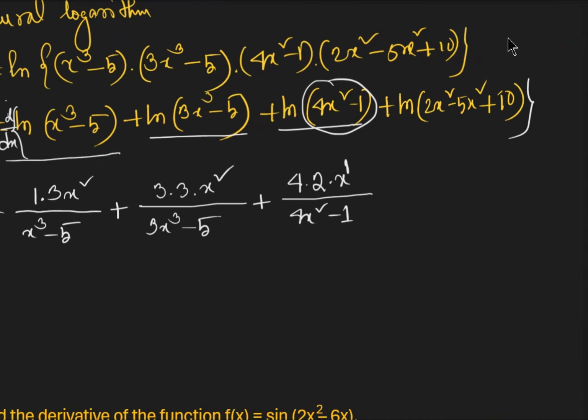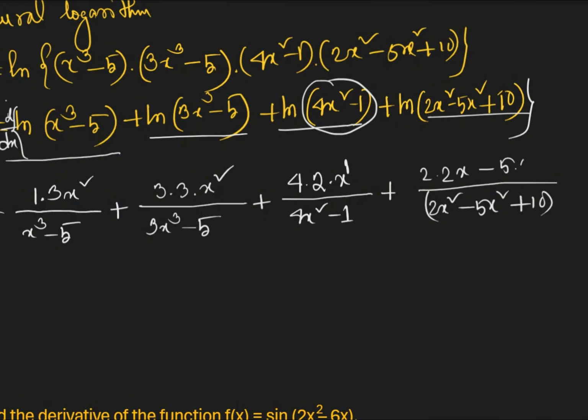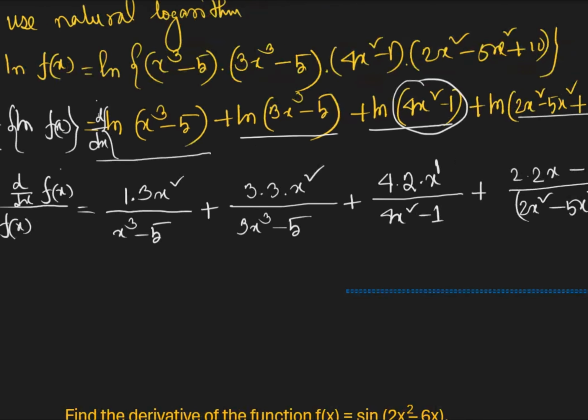And the last part, 1 by 2x square minus 5x square plus 10, and its derivative is 2.2x minus 5.2x.